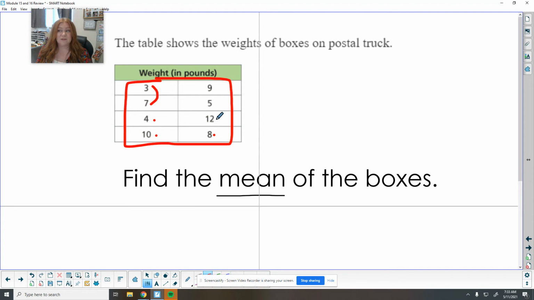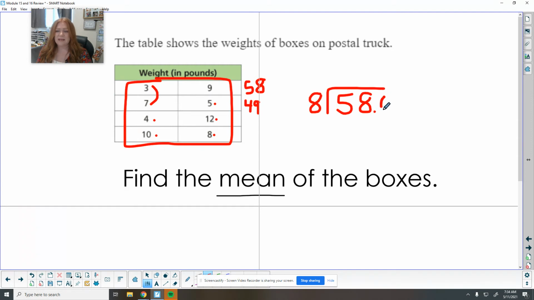Plus 12 is 44. 5 more is 49. 9 more, so what did I say? 49, and then 9 more is 58. So we have 58 pounds in boxes, and I have 8 numbers that we added up, so we're going to divide that by 8.